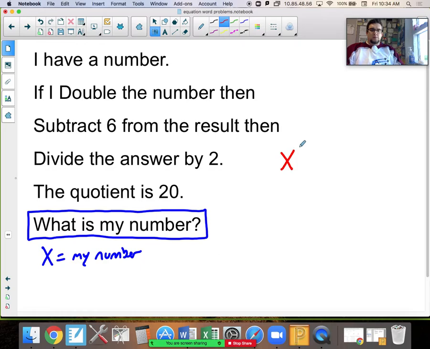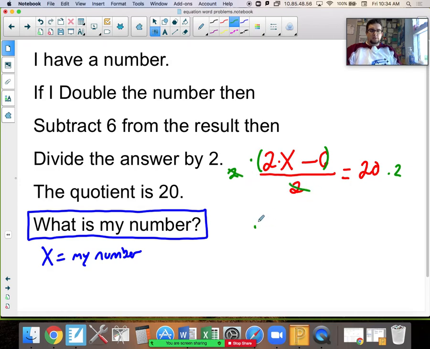So if we set up this problem, I have x. I'm going to double it, means I'm going to multiply it. I'm going to subtract 6 from it. And then I'm going to divide the result by 2. So this whole thing is going to get divided by 2, which then gives us the answer of 20. To get rid of this 2, or to solve this, we have to multiply by 2 on both sides.